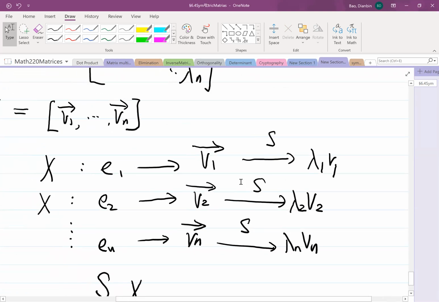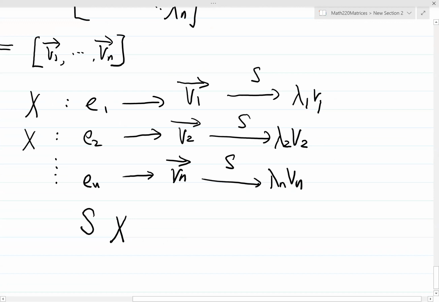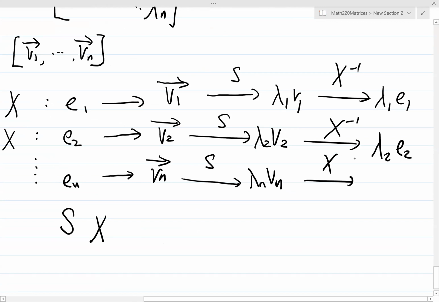Now we change back. Once we get v1, we change back to e1. Remember, X changes e1 to v1. Now we apply X inverse, which changes v1 to e1. So lambda 1 v1 becomes lambda 1 e1, lambda 2 v2 becomes lambda 2 e2, and so on, up to lambda n en.